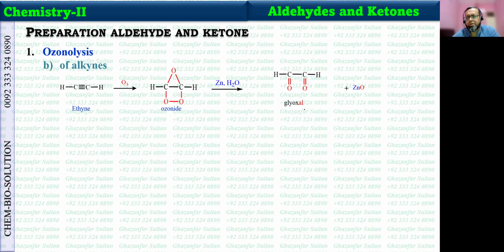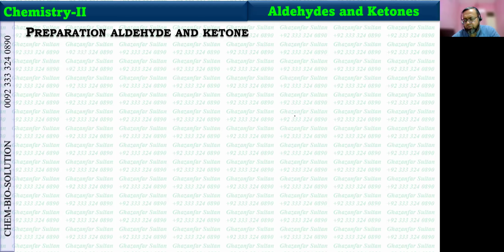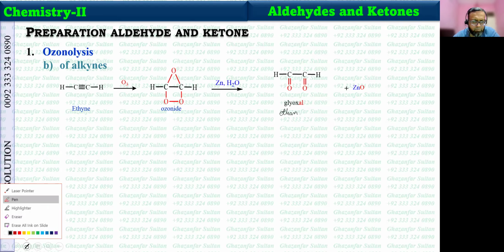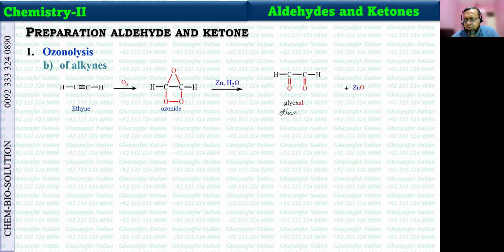glyoxal is the common name, or if you write its IUPAC name, it would be 1,2, two carbons, eth, and because the carbon-carbon bond is single, and both of them are aldehydes, so we should write it dial. And no need to mention the number because the aldehydes are on the terminals.